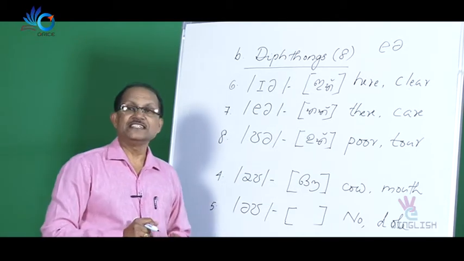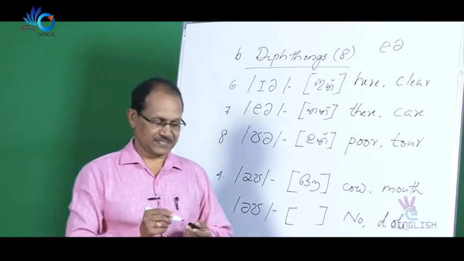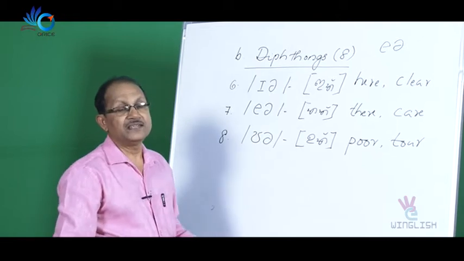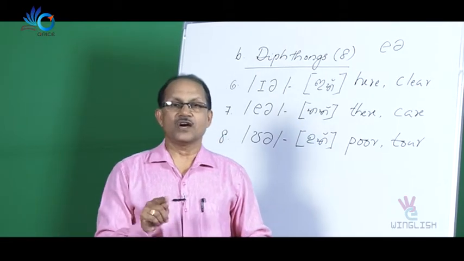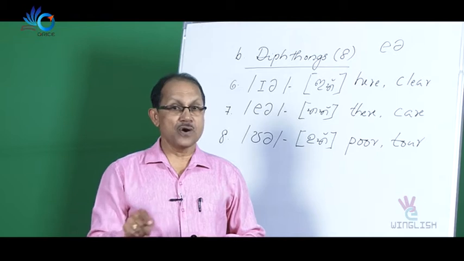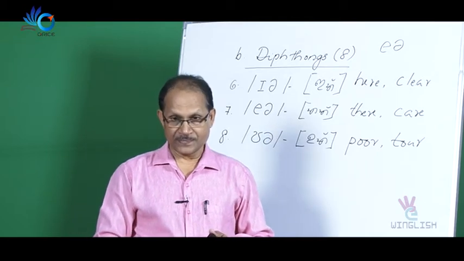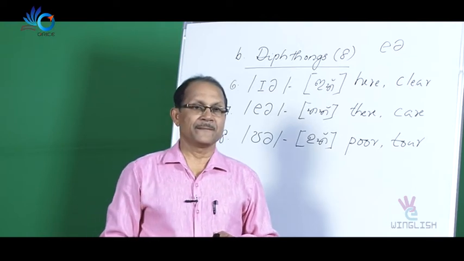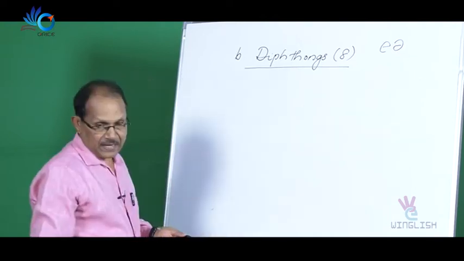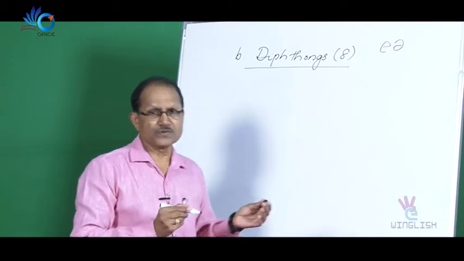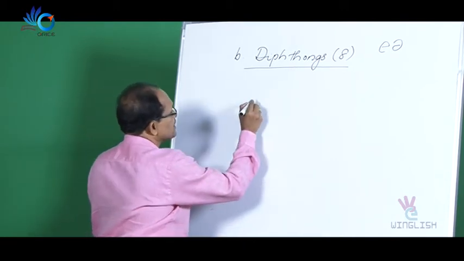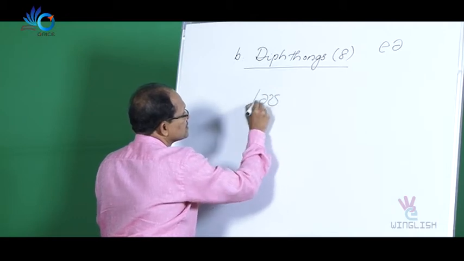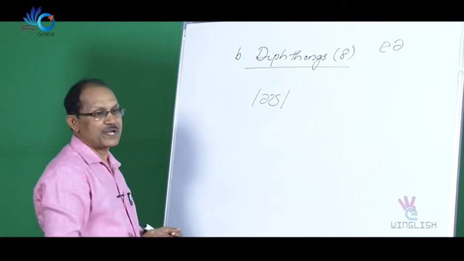So, these are the 8 diphthongs right from the beginning: I, A, Oi, Ow, O, and then ear, air, over. Got it? And of the 8 diphthongs, you have to spend some time on this. Why?